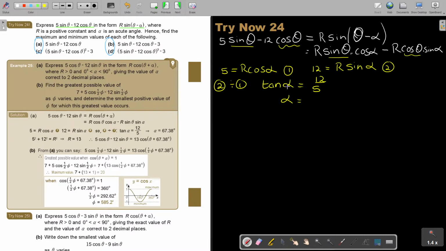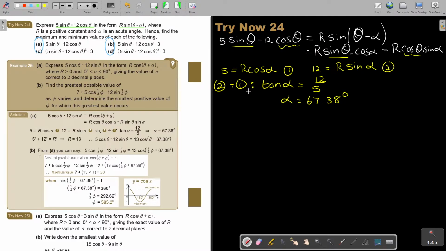Make sure your calculator is on degrees, so press shift tan bracket 12 divide 5 close the bracket equals, and make it to 2 decimal places. So this is going to be 67.38 degrees. Okay, and that is going to be my final.